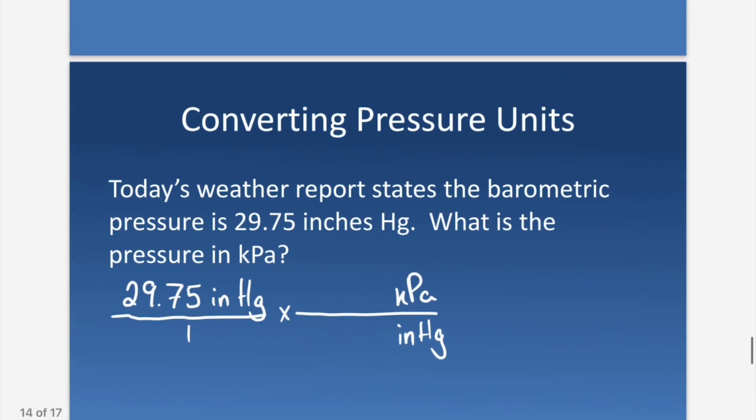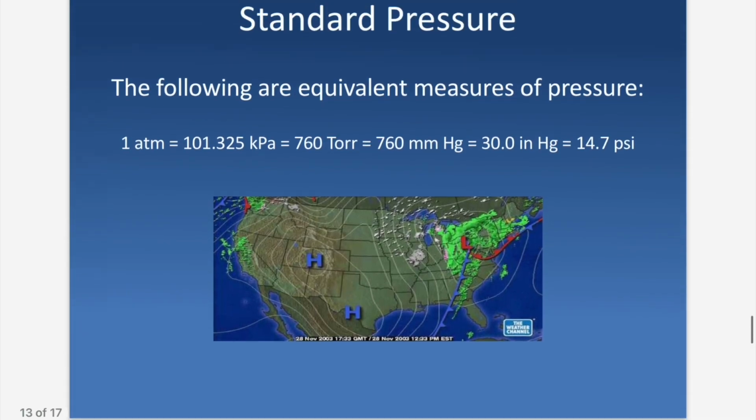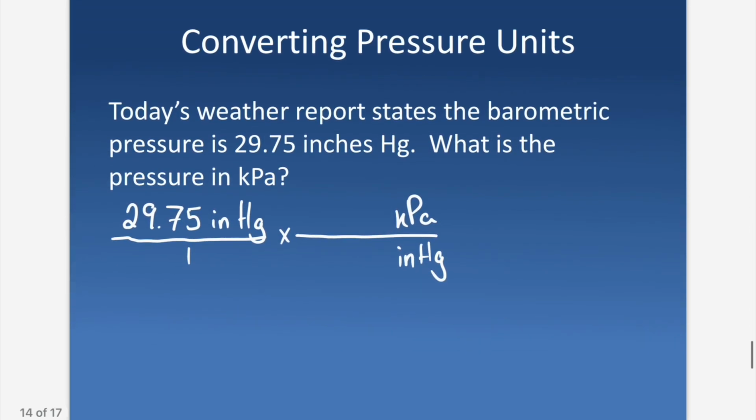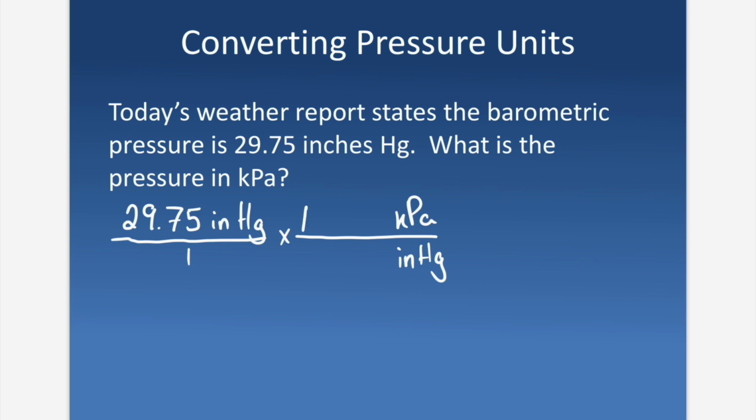If we go back to our conversion rates, we can see that 101.325 kilopascals is equal to 30.0 inches mercury. So that's the conversion factor I'm going to use: 101.325 over 30.0.